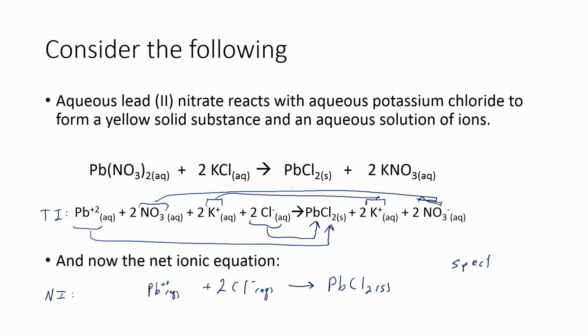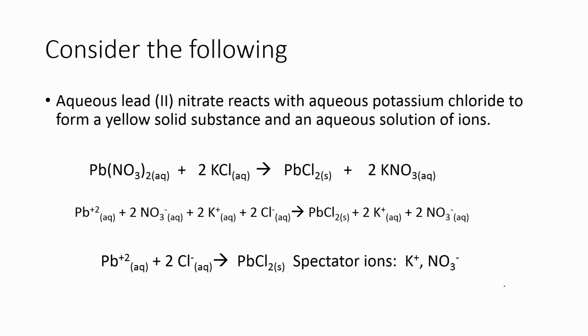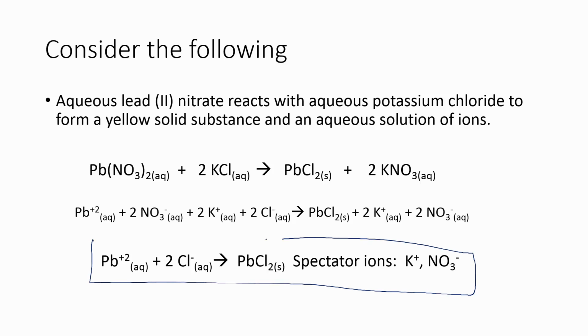Now we mentioned spectator ions before. Spectator ions are any of these that don't actually change. They're just spectators to the reaction. So in this one, potassium ions and nitrate ions are spectators. That sums that all up pretty directly. And that's it. That's how this works.